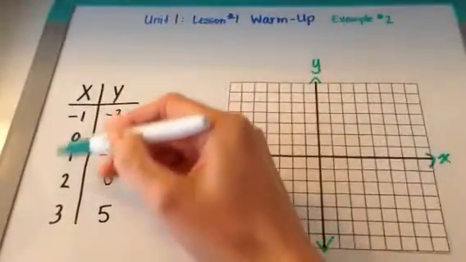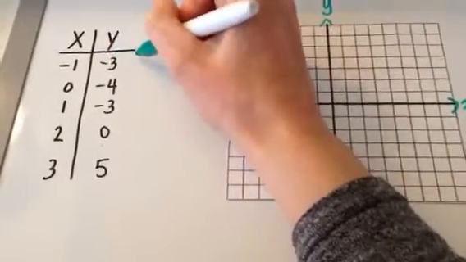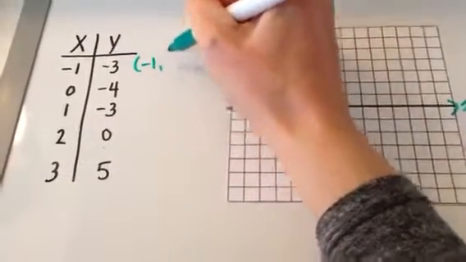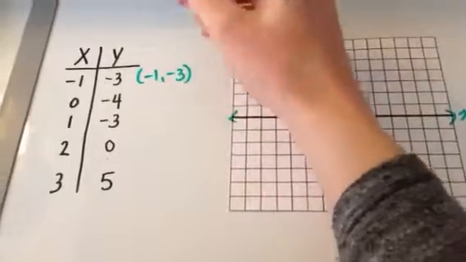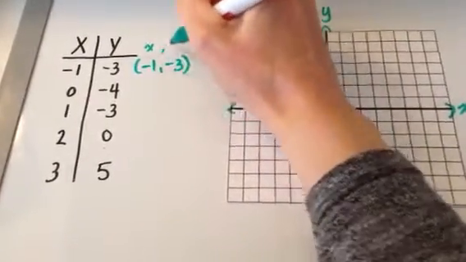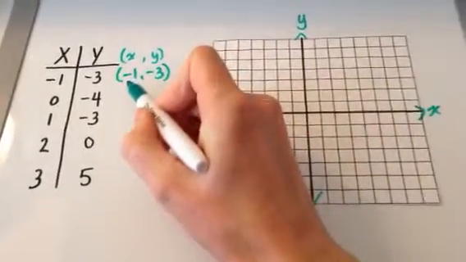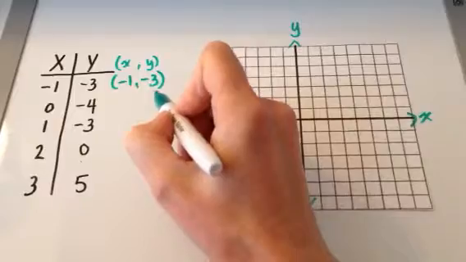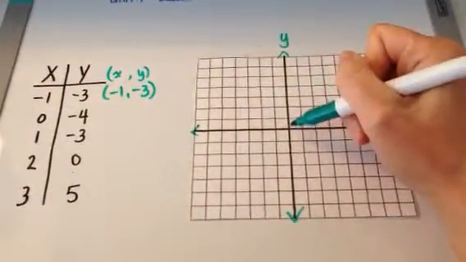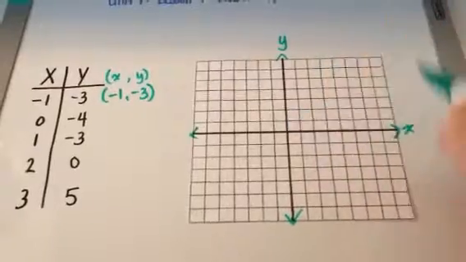So from our table of values here, our first point is the values -1, -3. And again, remember that when you're plotting points, the x value is always first, and the y value is second. So for our first point, it's -1, -3. To plot the value, we start at 0, 0, the origin, and we start with our x value.